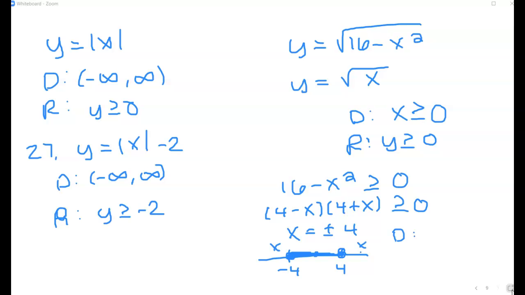So our domain is that it lives between -4 and 4. And again, this graph has no vertical translations up and down. So that means that this graph still has a range that is positive.